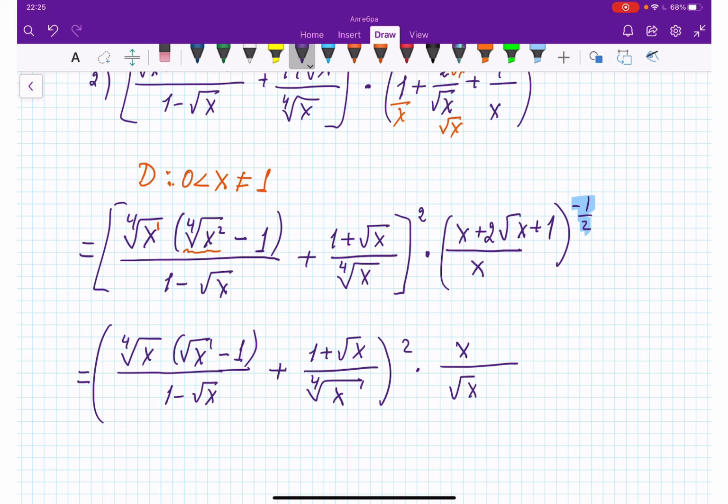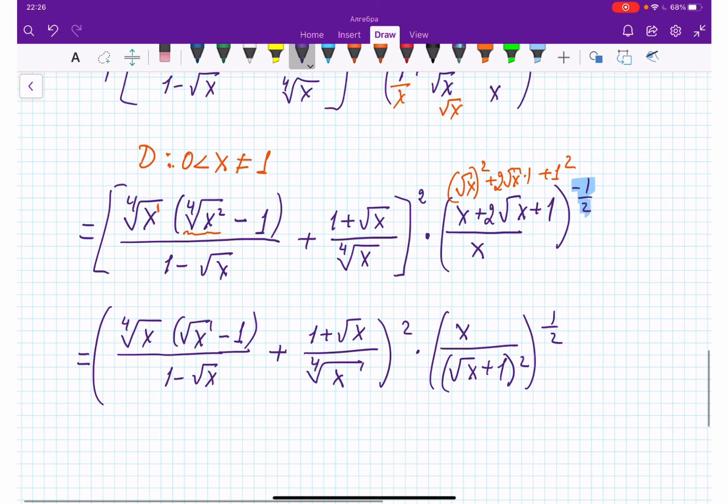Square root of x plus 1 is going to be squared, right? a plus b squared. Look here. Square root of x squared plus twice square root of x times 1 plus 1 squared. So it's going to be square root of x plus 1 squared. And this is to power 1/2.